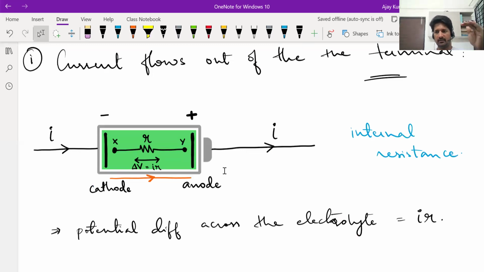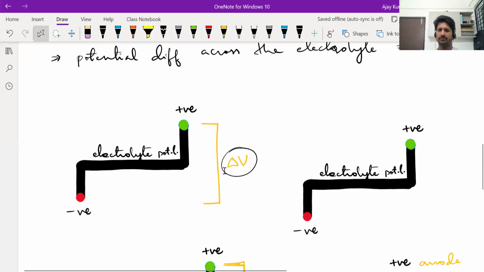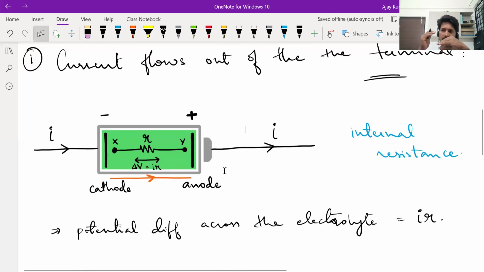Inside the battery, there will be a fall in potential across the electrolyte when you go from X to Y, negative terminal to positive terminal. The reaction happening at the cathode ensures that the cathode is at a lower potential than the electrolyte. That will always be there, whether current flows or not. The reaction happening at the anode ensures that the anode has some extra potential compared to the electrolyte. That will also be there.